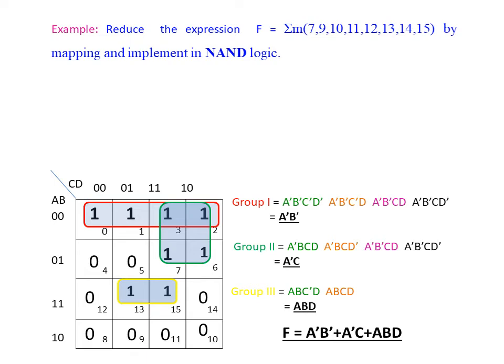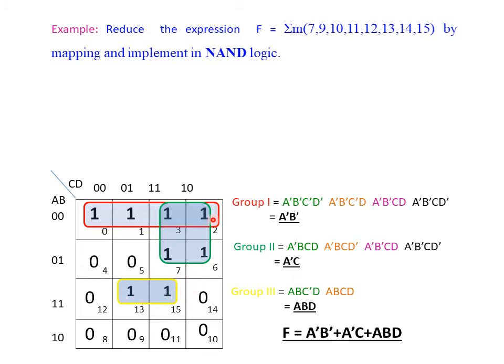In this example, we are going to simplify the expression and implement it in NAND logic. So first we are placing the ones, then we are grouping. So these 4 ones are a group, these 4 ones are a group, and these ones are grouped like this.